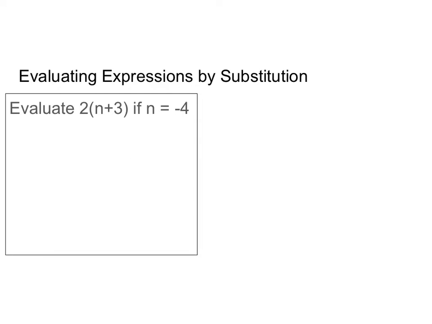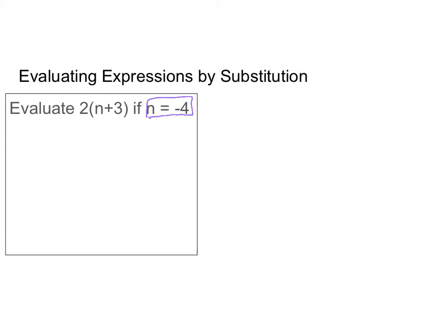All right, so we have evaluating expressions by substitution. We're going to do some here, and then you will have some time to practice inside the classroom also. So let's look at this example. We have evaluate, and here it says n equals -4, and that means basically to plug in wherever you see this variable what it equals instead.